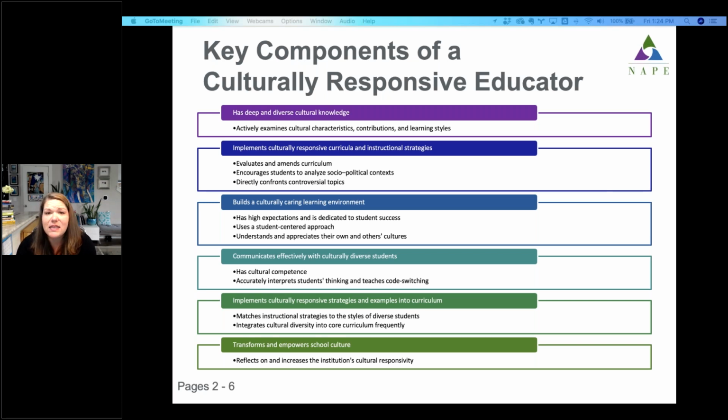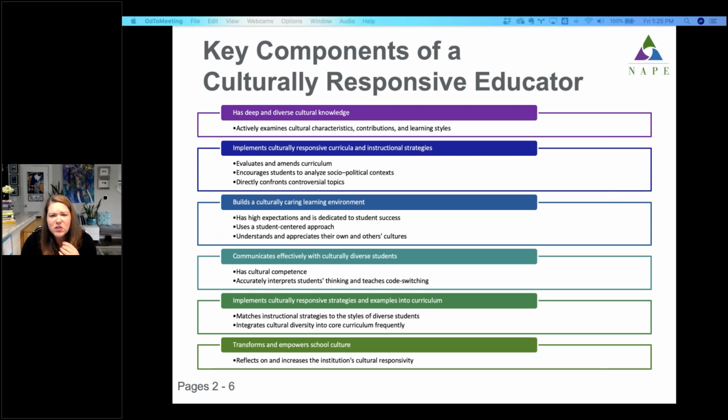So the second key component of a culturally responsive educator is the way in which we implement culturally responsive curriculum and instructional strategies. And so this means that we're actively working to evaluate and amend our curriculum so that we have diverse models and authors, and that the cultural representations are not just tacked in, and they're not oversimplified or inaccurate.